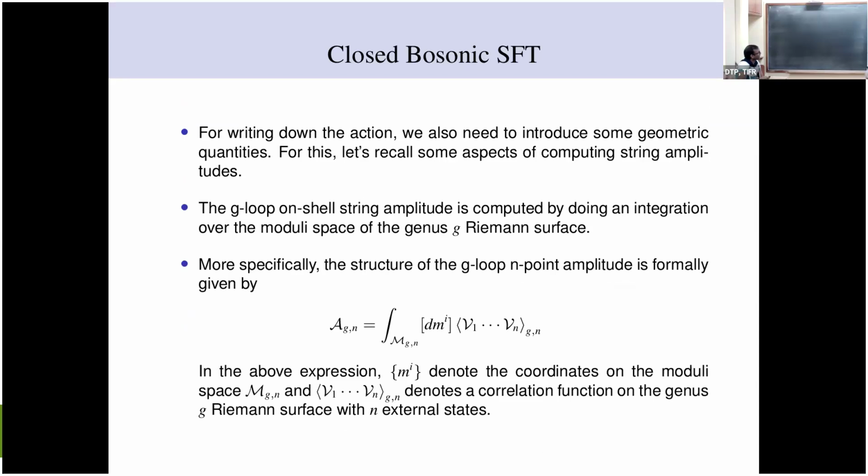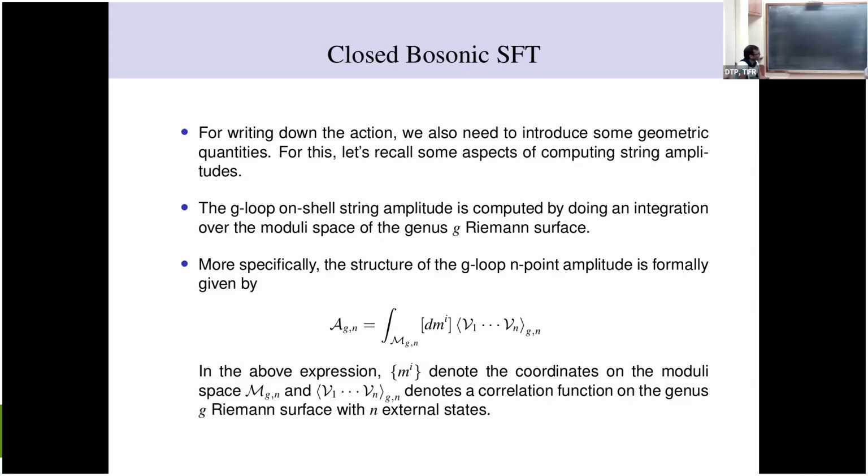Okay. Now for writing down the action, we also need to introduce some geometric quantities. And to build the geometric quantities, let's recall some aspects of how we compute string amplitudes. It's just a review of what we also discussed in the first lecture. So the g-loop on-shell string amplitude is computed by doing an integration over the moduli space of genus g Riemann surfaces.